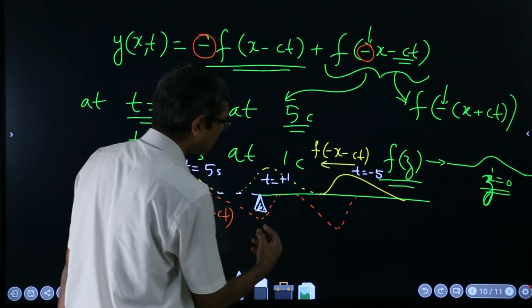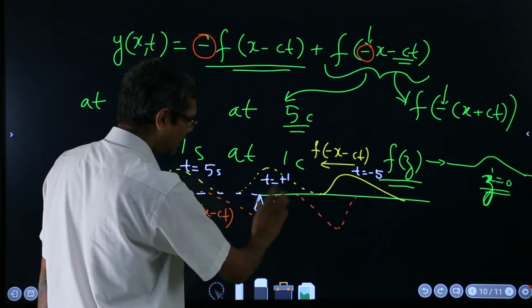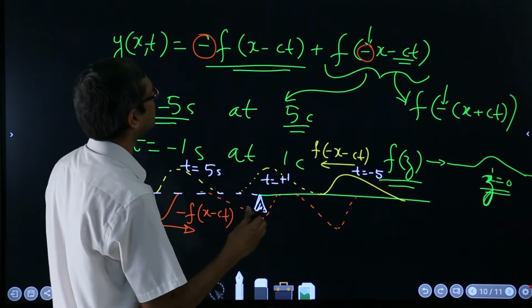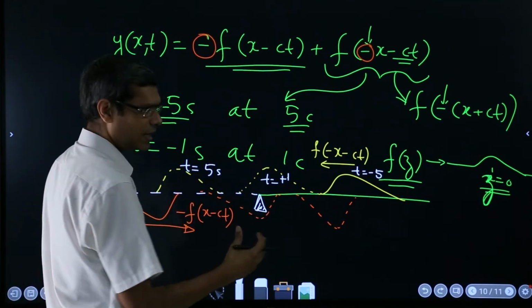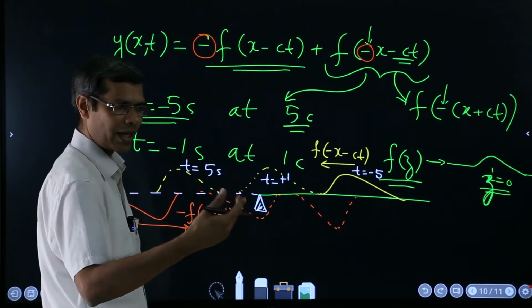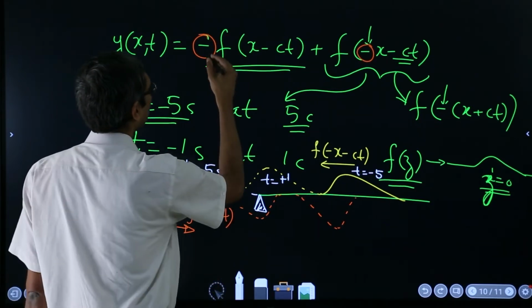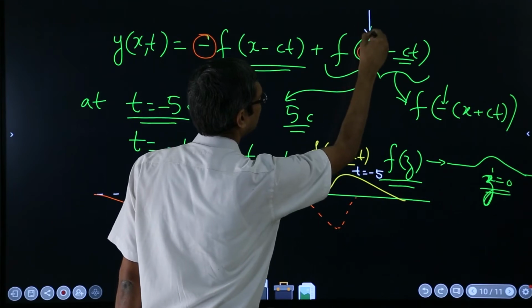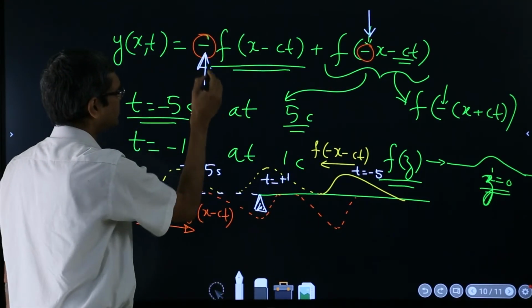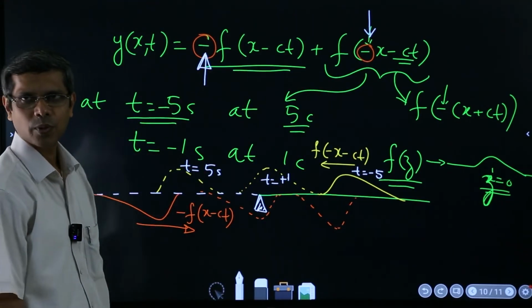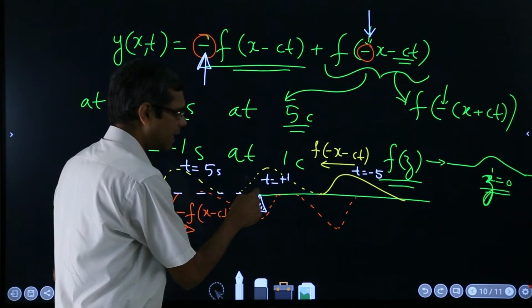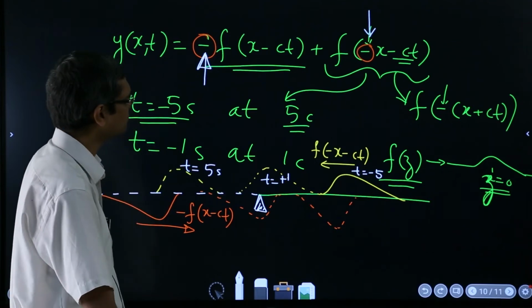Okay, and that's what happens, and the shape completely gets reversed, and those are the two things which manifest: one is reflection and one is the phase transformation. So this is the reflection and this is that phase transition of 180 degrees. Whatever was positive will become negative, to keep things 0 at that point for any time to come.